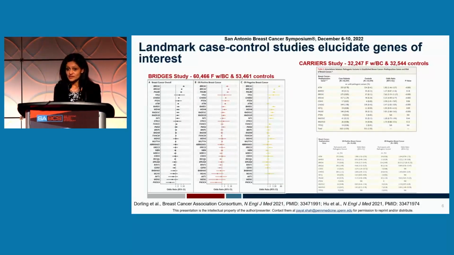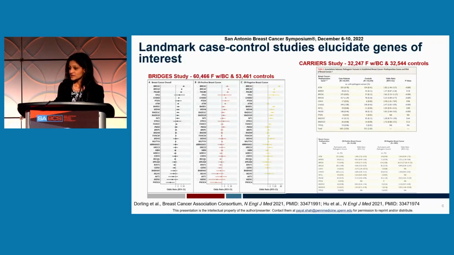So how did we discover which genes are implicated in causing breast cancer? In 2021, there were 2 landmark case control studies that were published back-to-back in the New England Journal. The Breast Cancer Association Consortium published the BRIDGES study on the left, which included over 60,000 women with breast cancer and over 50,000 women without breast cancer.